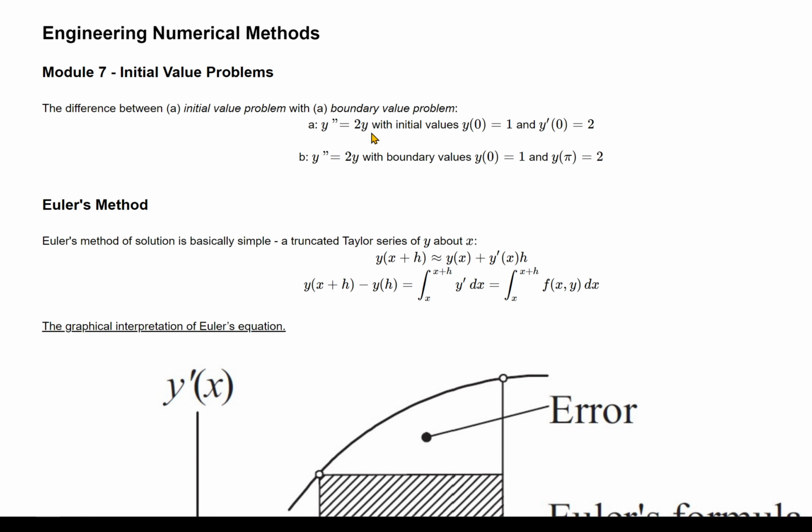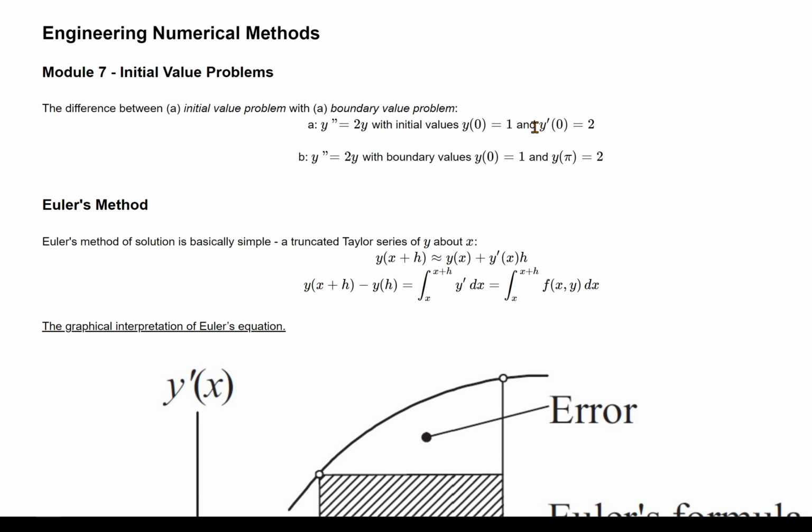You are given the equation here with initial values of this sort, and then you have this one for the same system, for your problem, and then you have the boundary values. Now take note that for your initial value problems, the initial values are given.